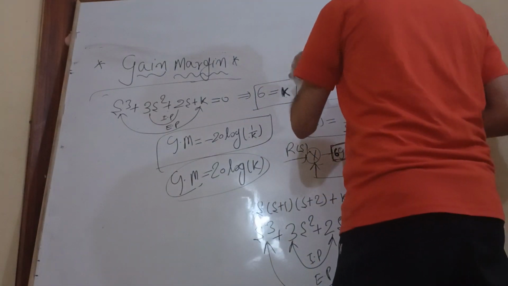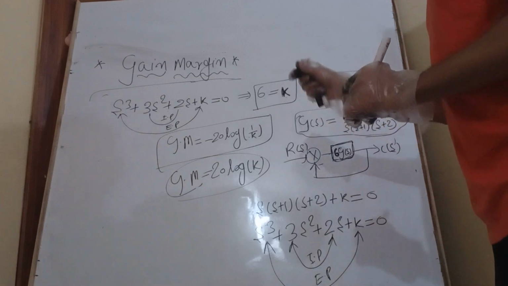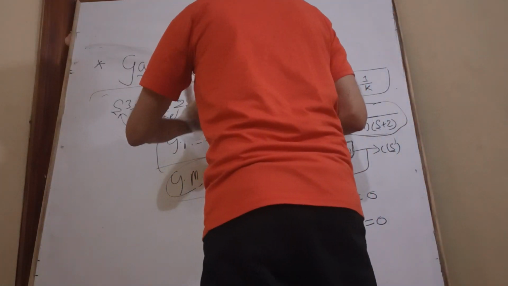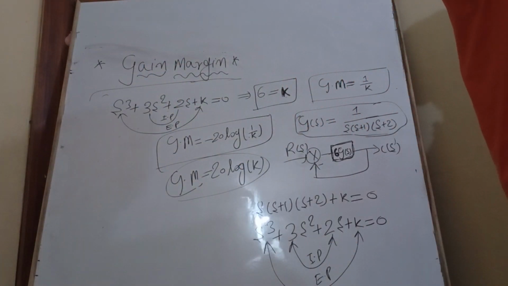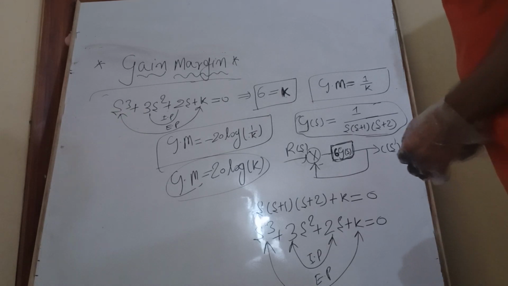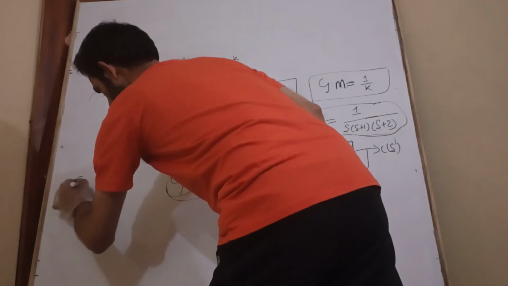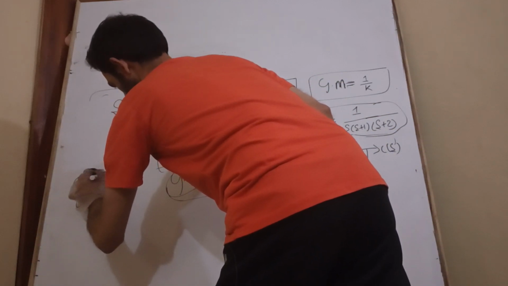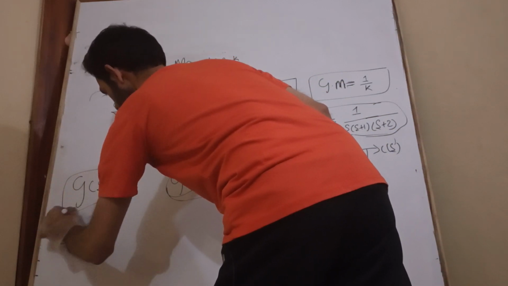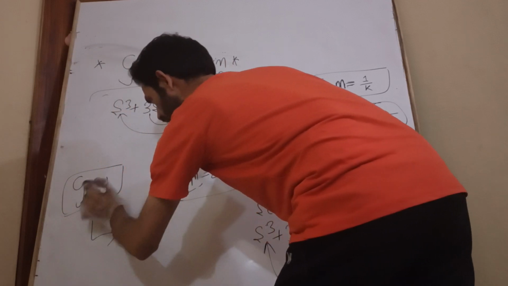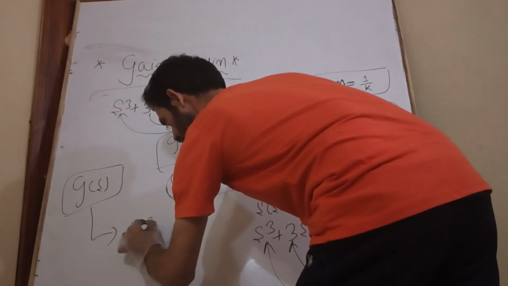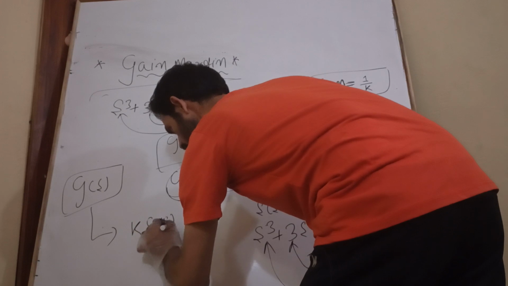So up to this is okay. Now we will see this with the help of a procedure. Take any open loop system and first multiply that system with k.